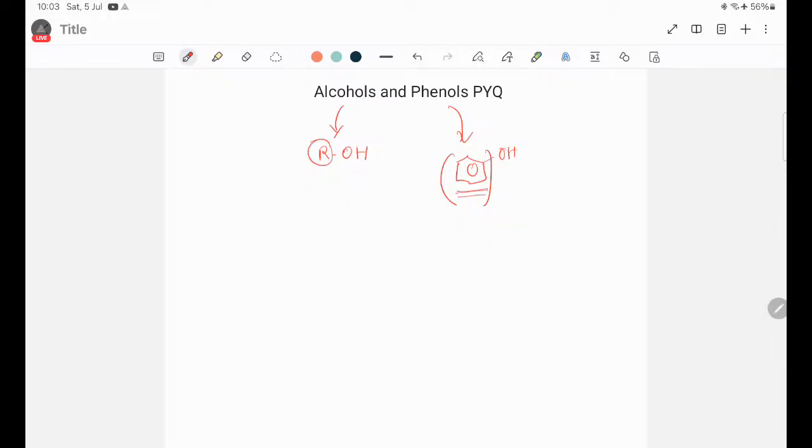If it is substituted, we will still consider it as a phenyl part, but the acidity can be different, right?